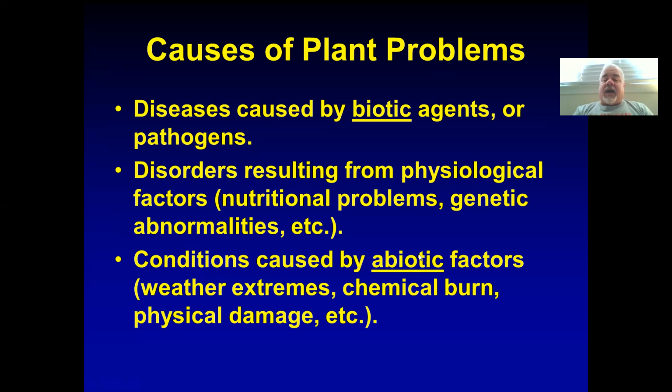Conditions are abiotic, or without biotic life, non-living factors. So you get a heat wave, you get a cold spell, you get freeze burn, chemical burn. So you spray a pesticide or a foliar nutrient and you just fried your plants. It was applied when it was too hot, you put it on too concentrated, whatever. So chemical burns, salt burns like water that is too salty.